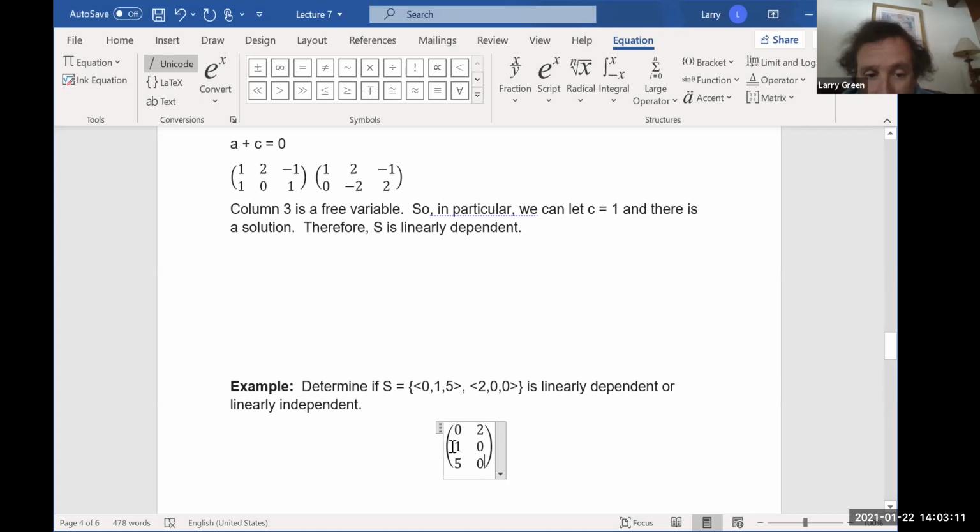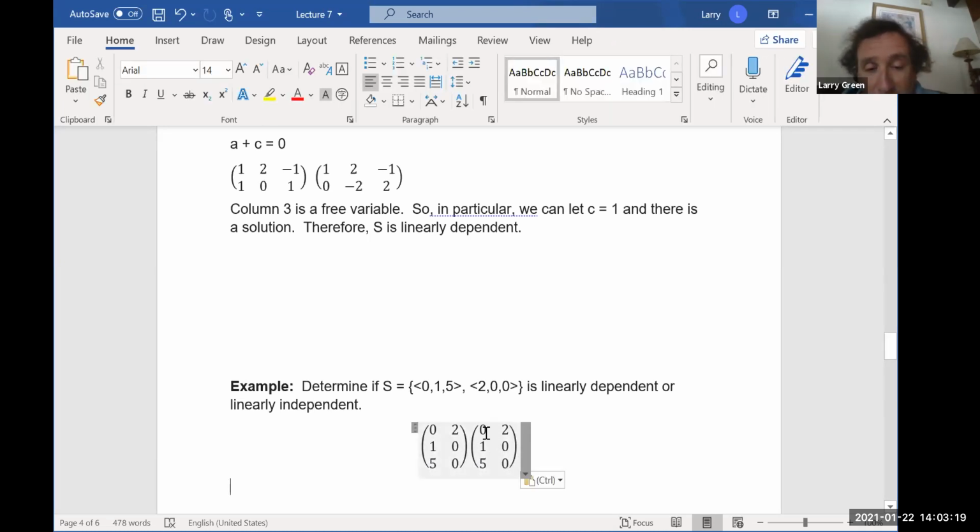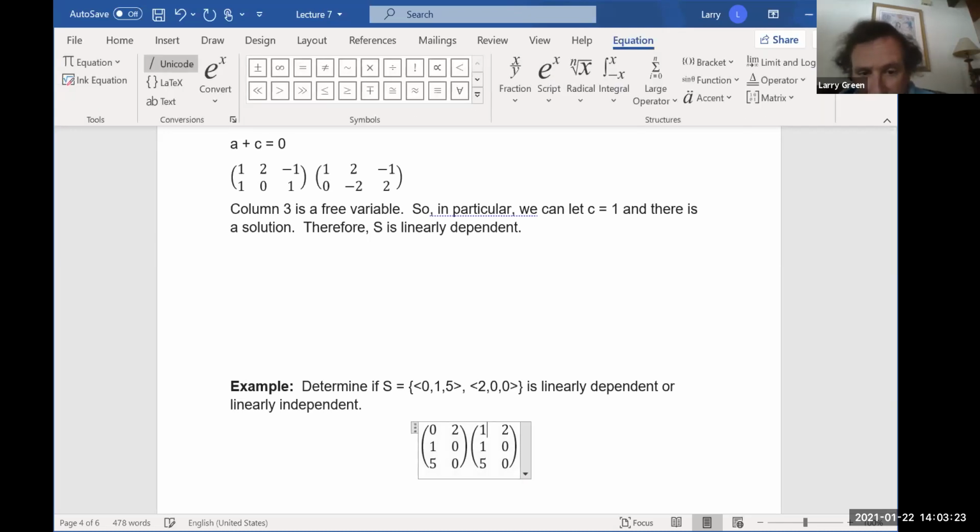Okay, then we're going to REF. So I'm going to switch row 1 and row 2. Any questions on that?